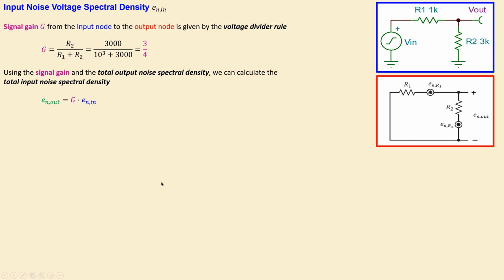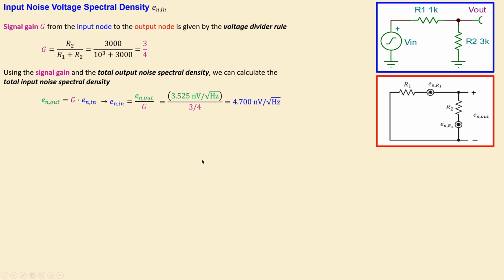It's a very straightforward formula. Now if you rewrite this a little bit, you can calculate the input noise spectral density. You have this already calculated in the previous analysis, and if you now divide it by the gain, you will have this value.